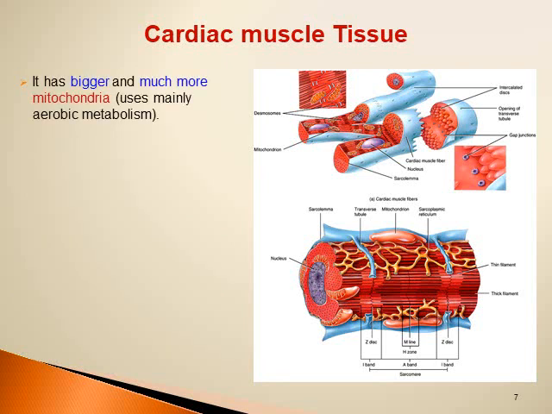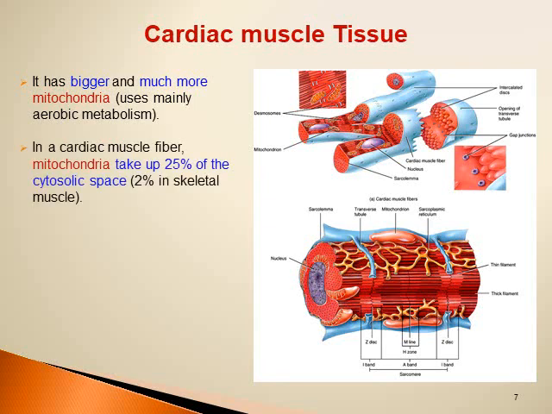Cardiac muscle cells have bigger and much more mitochondria compared to skeletal muscles, because they depend mainly on aerobic metabolism. In a cardiac muscle fiber, mitochondria occupy about 25% of the cytosolic space, or the volume of the cell.